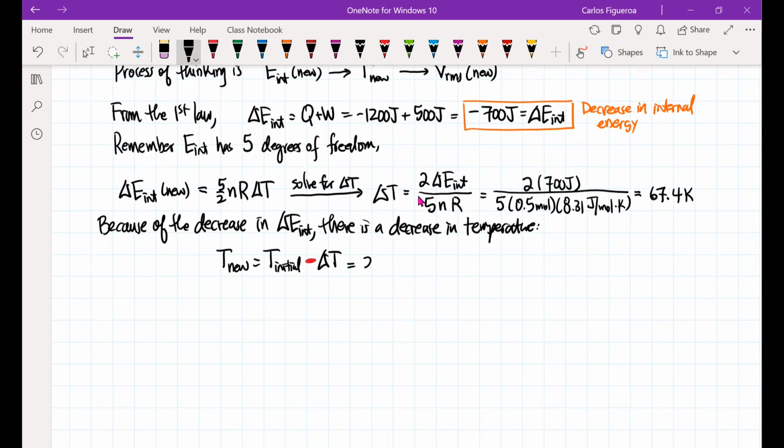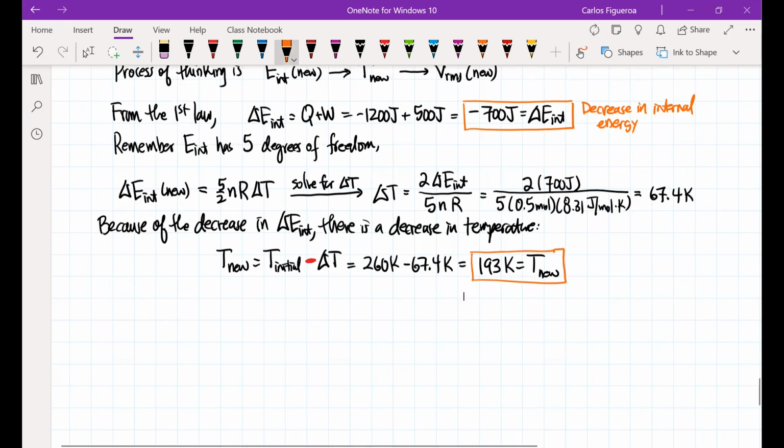So this will be 260 K minus 67.4 K, and that gives me a new temperature of 193 K. So now I have my new temperature, and finally I can calculate the new RMS.